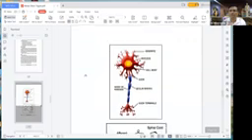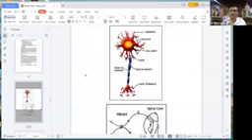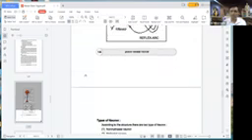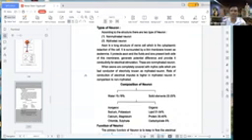Nerve cell structure we have seen: dendrite, nucleus, cell body, axon, myelin sheath, and axon terminals, which are connected to the other nerve cell to form the nerve fibers.